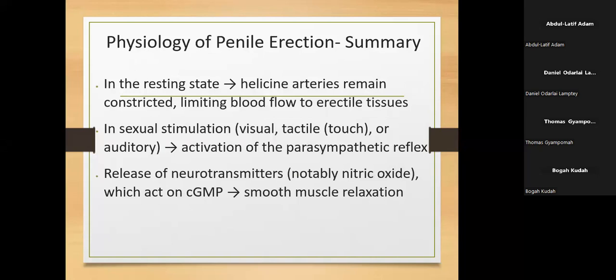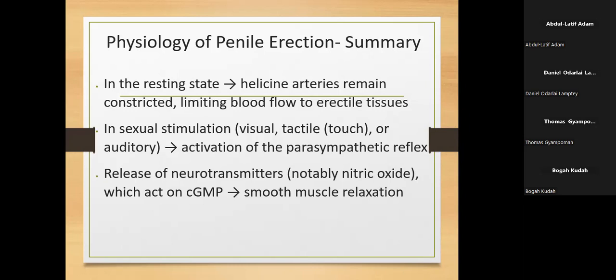So in summary, in the resting state, the helicine arteries, specific arteries that are in the corpus cavernosa, the major erectile tissue in the penis, remain constricted, limiting blood flow to the erectile tissues.